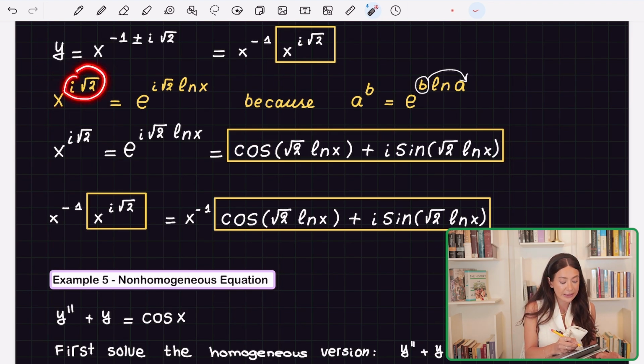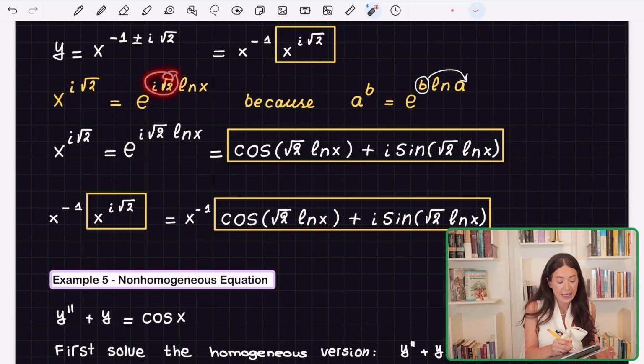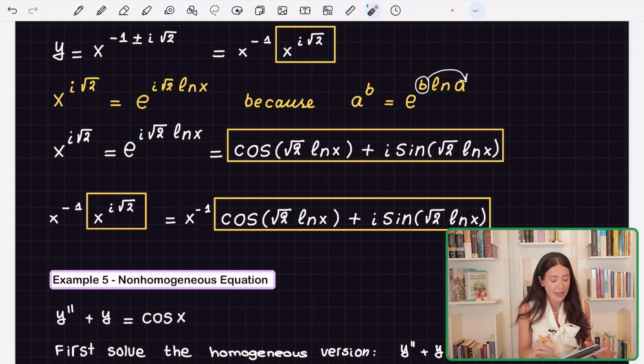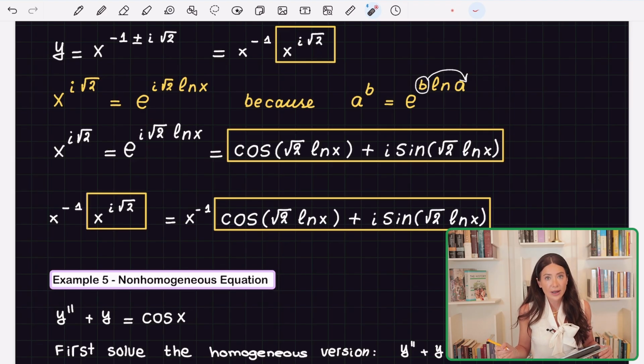So I'm going to bring the exponent in front. I'm going to put e, bring this exponent in front, and have ln x. And I can always put this back, and ln and e will cancel each other, and I will get this back. So I'm not violating any math rules. Now, since I've written this as e to the power of i square root of 2 ln x, I can use Euler's formula.